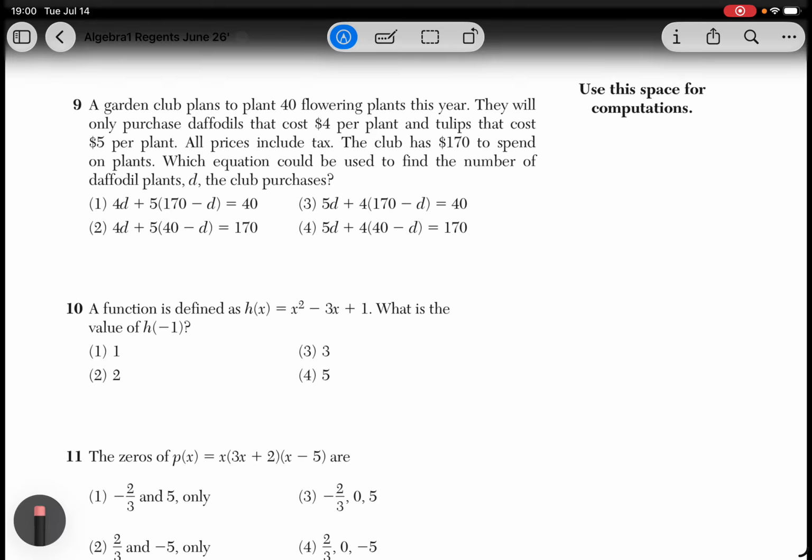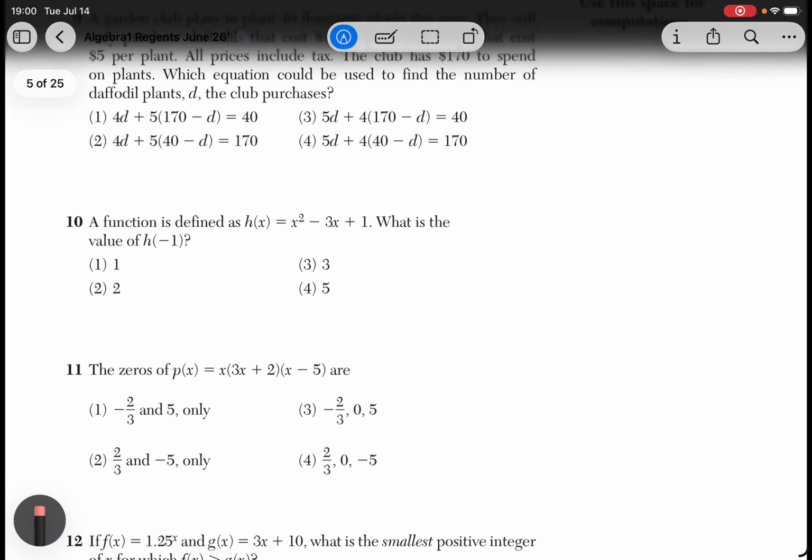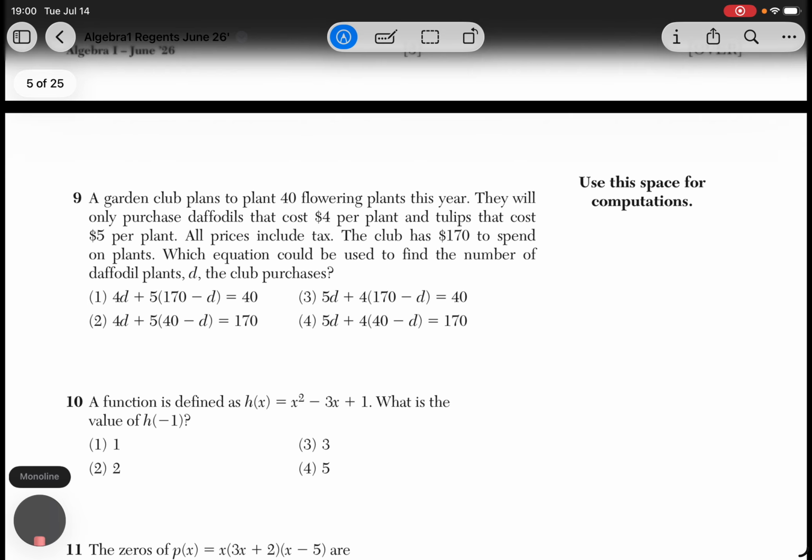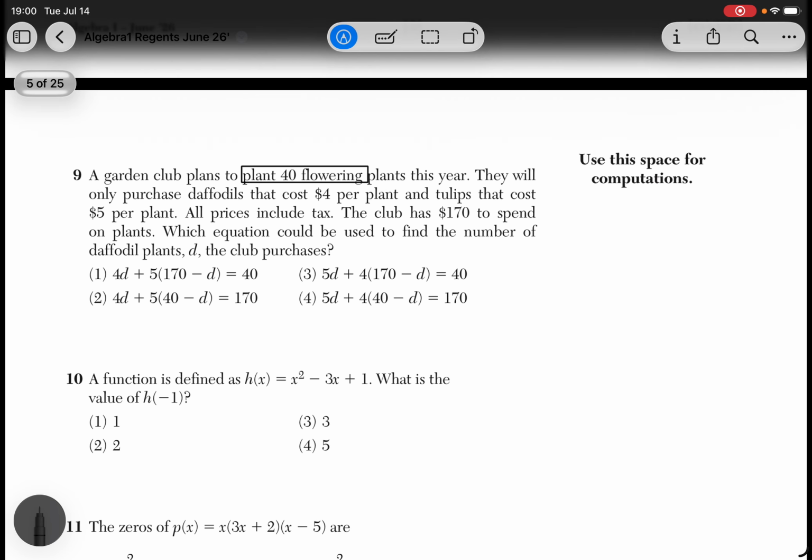So in a case like this one, we want to use that information that's given to us. So we only have 40 flowering plants this year. So that's some important information for us to know. And within those flowering plants, we have tulips and we have daffodils. We know that it's $4 per plant.